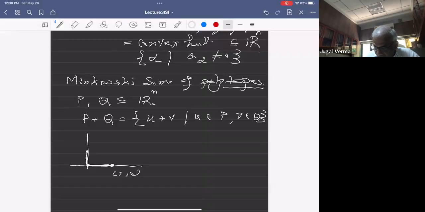What is the Minkowski sum? Stretch your imagination. Tell me the Minkowski sum of these two unit line segments, one on the x-axis, another on the y-axis, as polytopes in the two-dimensional plane.